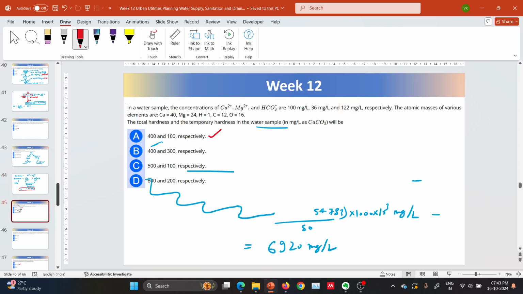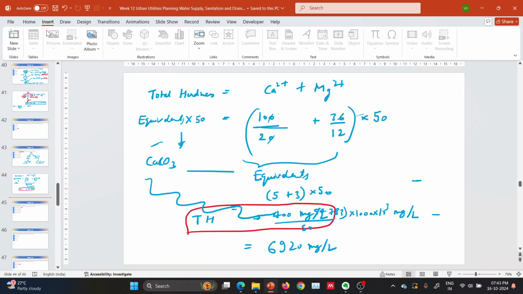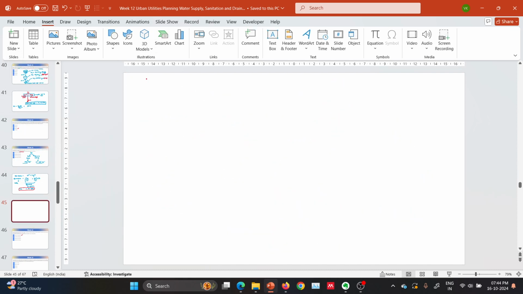And the second part is carbonate and temporary hardness. So there is one more concept. Carbonate hardness is the minimum of total hardness and alkalinity.